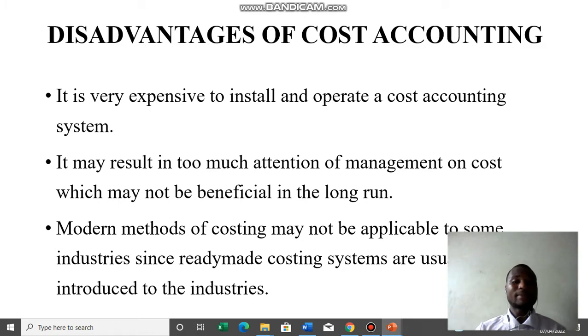But for some industries, the way they are, you need a tailor-made system that will meet the particular need of that organization. And because we normally do not have some of these things available, it affects these industries that would need tailor-made instead of ready-made systems in the market.